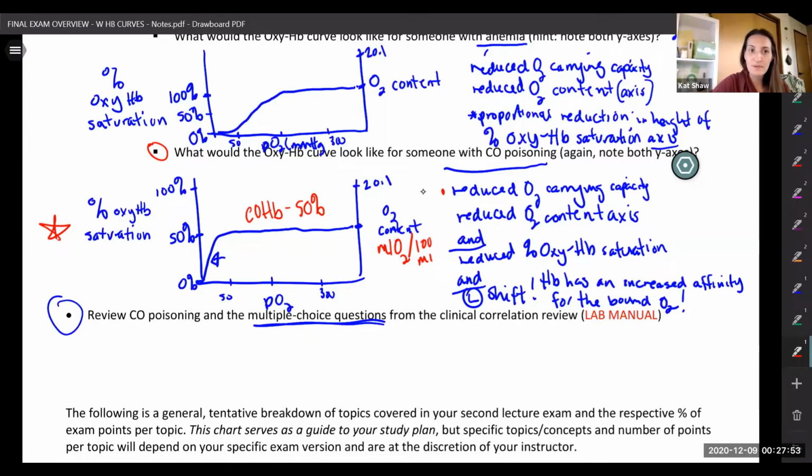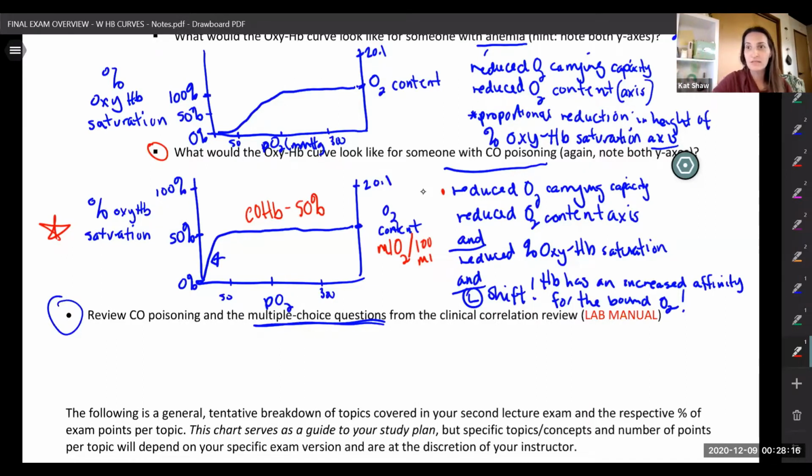and we'd also expect to see, compared to normal, a left shift in this curve, meaning that the hemoglobin itself has an increased affinity for the oxygen it's already bound. It doesn't want to let it go to the tissues. Right? And that's due to the much higher affinity it has for CO. It doesn't want to let the CO go.